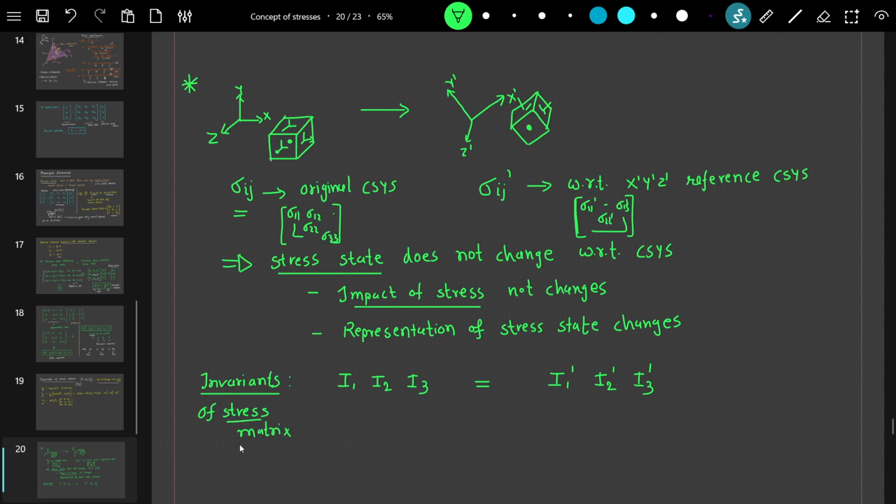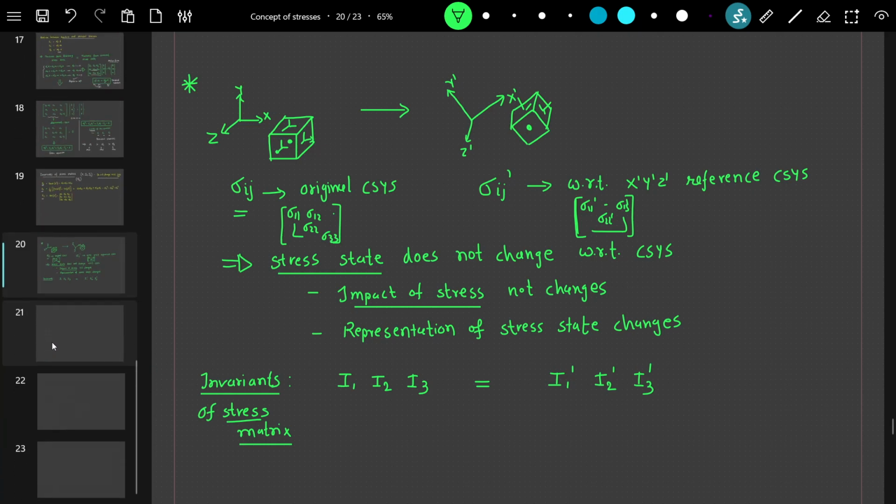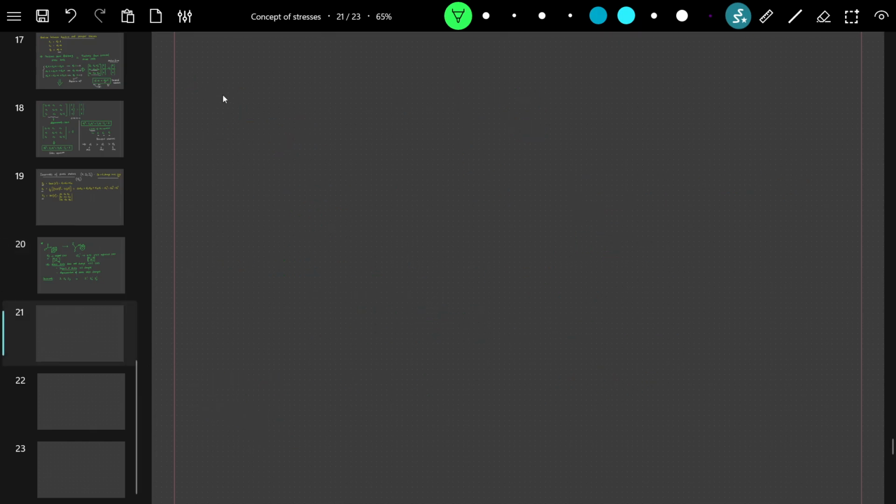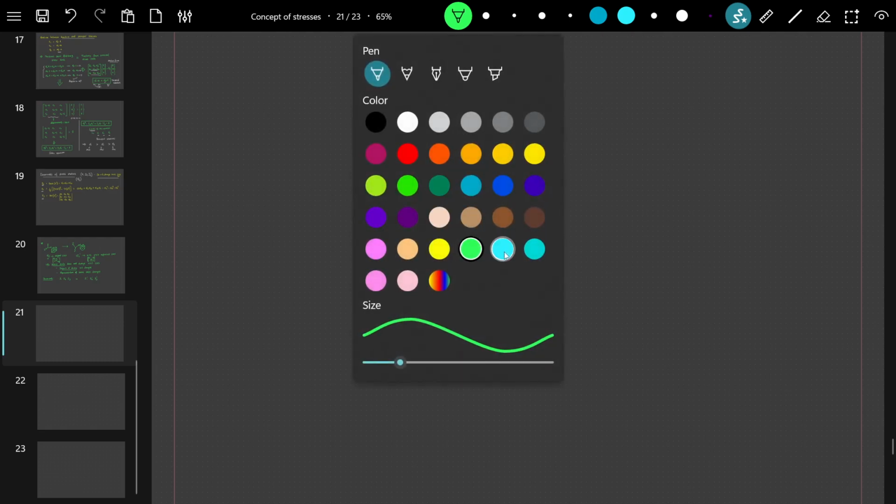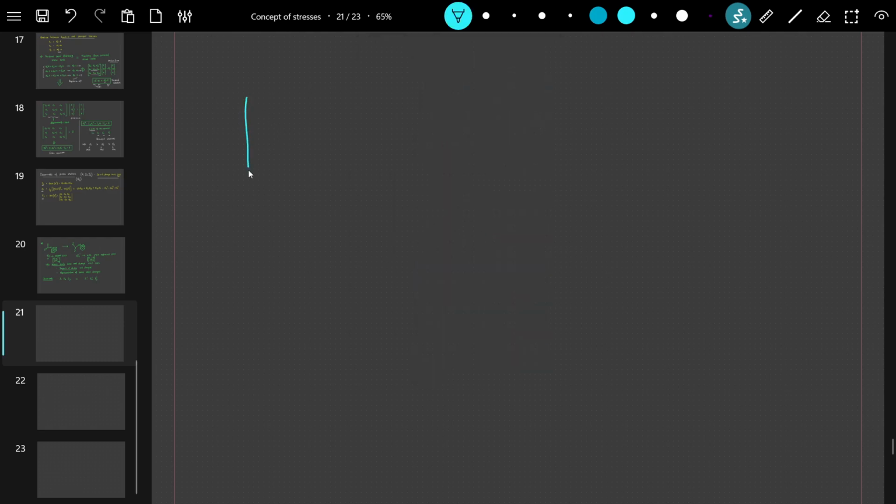And you could have observed this in your FEA. Let's take an example in FEA. You would have done this. Let's say we are analyzing some cylindrical structure, and we got the stress results, a stress plot.